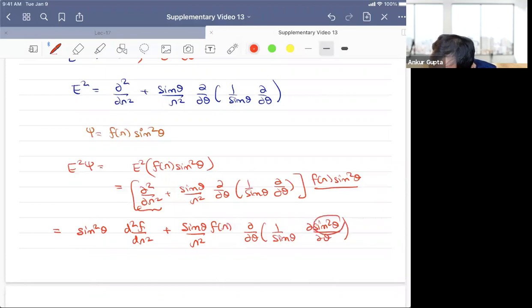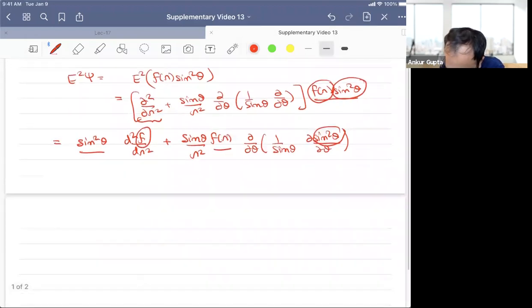Here I've only taken the sin² θ term, and here only the f term, because the first operator is only a function of r, and the second operator is only a function of θ. So the remaining terms simply become multiplication factors. Hopefully this is clear.